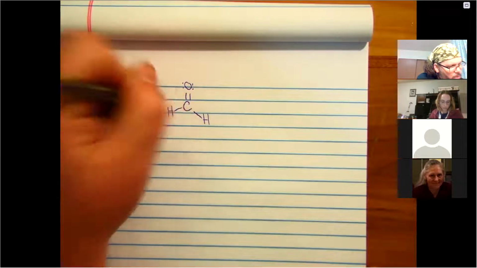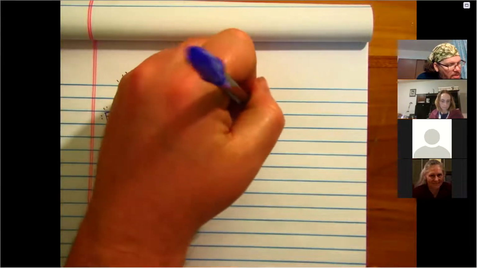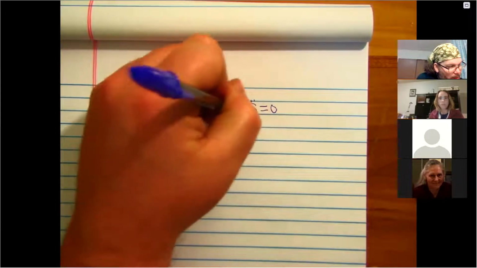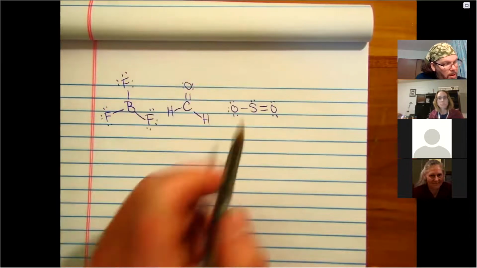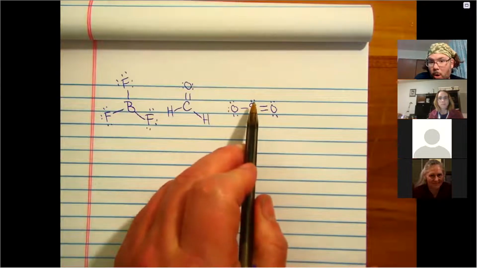And formaldehyde looked like this, also 3 electron groups around that central atom. And SO2 also had 3 electron groups around that central atom. Remember that a single bond can count as an electron group, or a double bond, or an unshared pair of electrons.